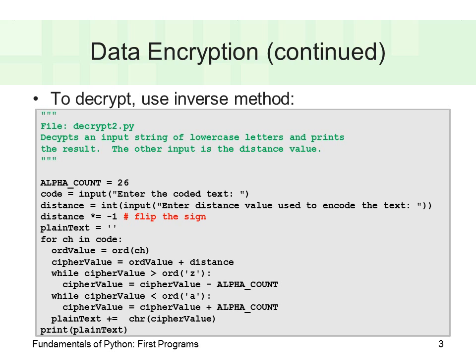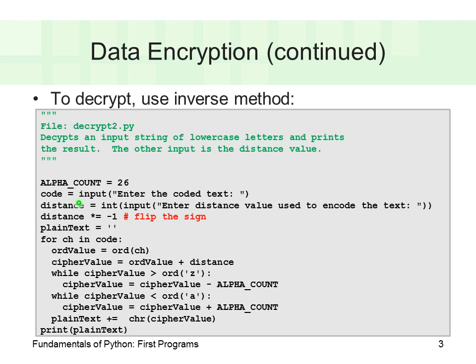So I'm not going to go through this program with as much detail, mainly because it's pretty much just like the other one. In this case, you're going to enter the coded text, and you're going to ask the user, enter the distance value used to encode the text. In other words, give me the key that was used to encode the text.